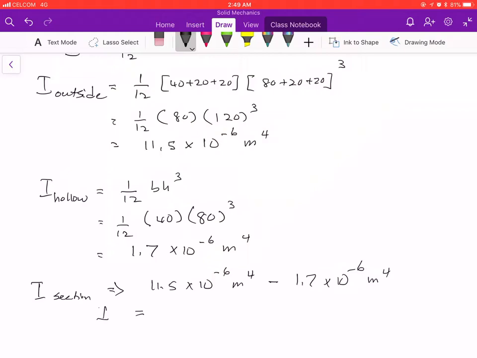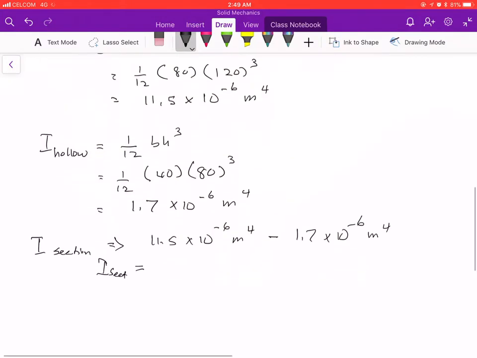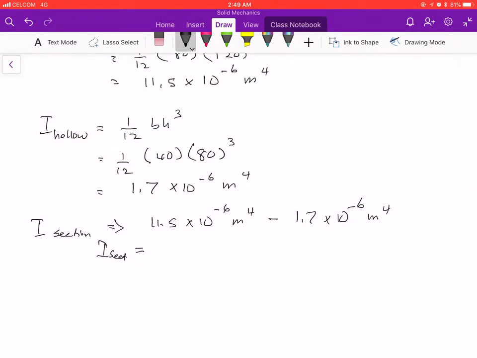So my I for that particular section is 11.5 minus 1.7, it's going to be 9.8 times 10 to the minus 6 meter to the fourth. You always carry the units here. Okay, so this is the I for the section.